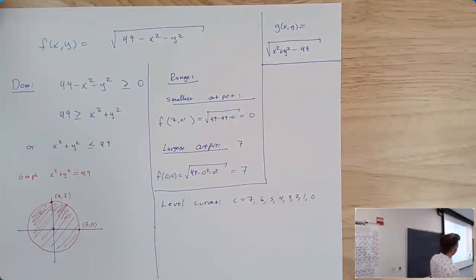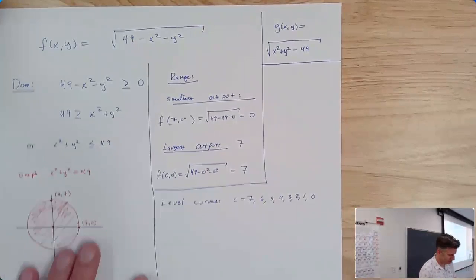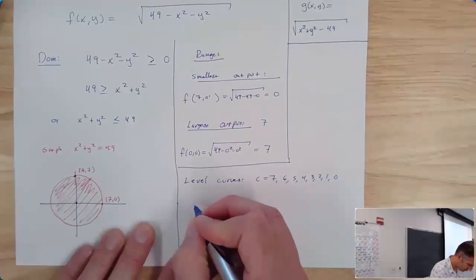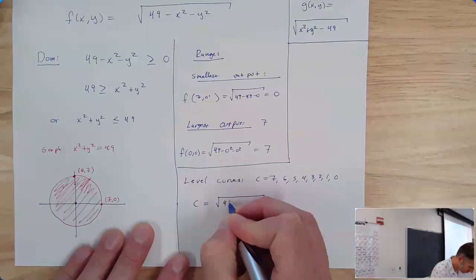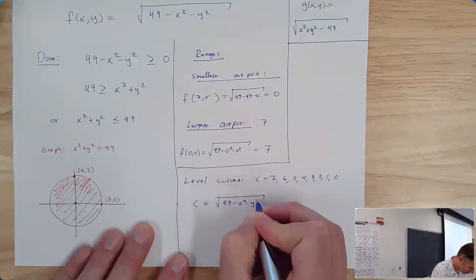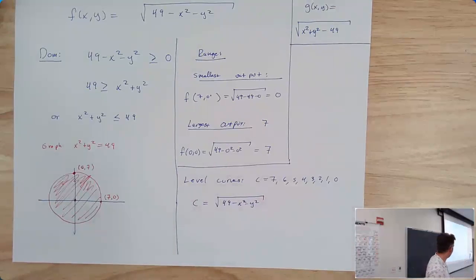The usual practice is to set my function equal to C, and then try to make it look like something familiar.